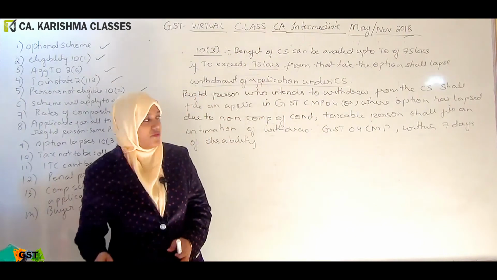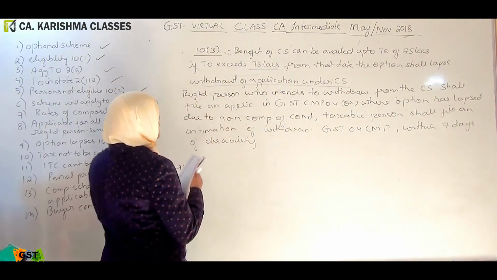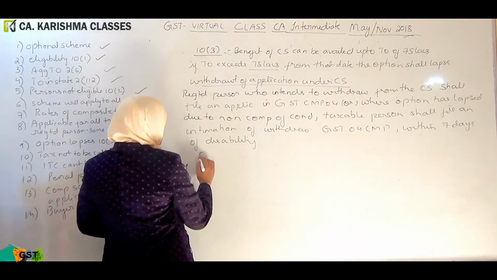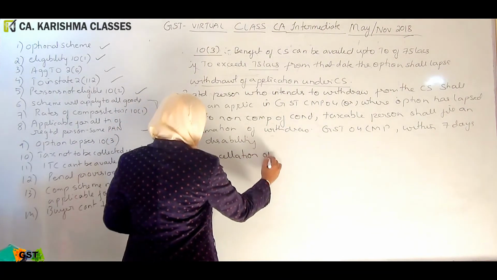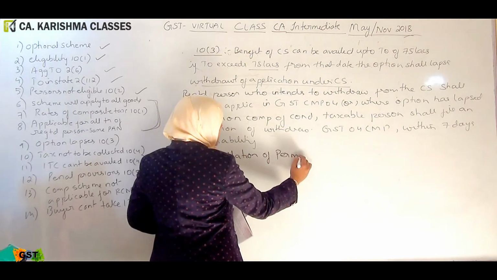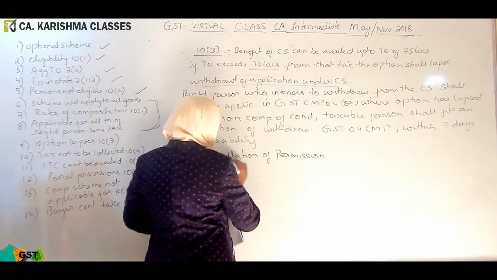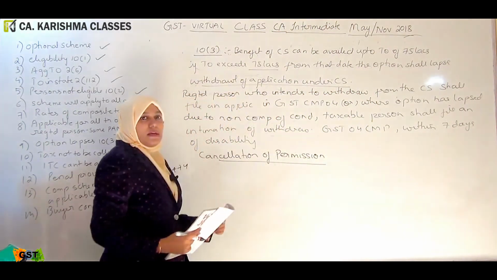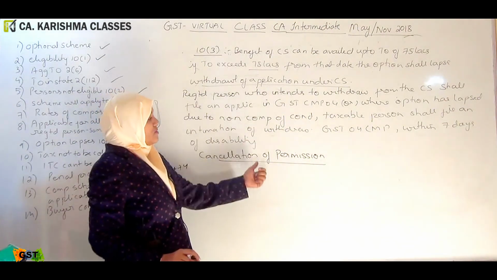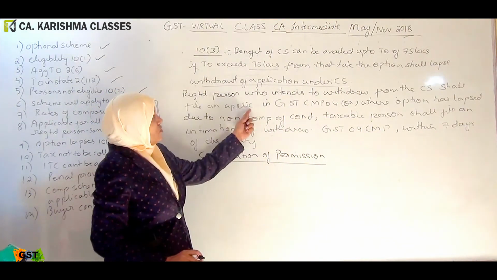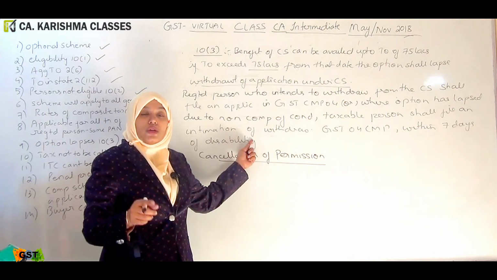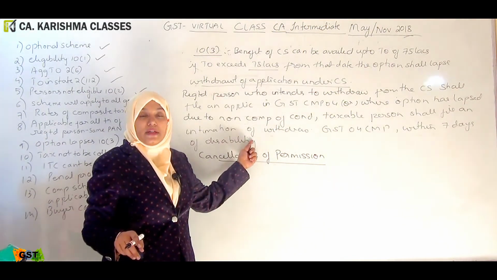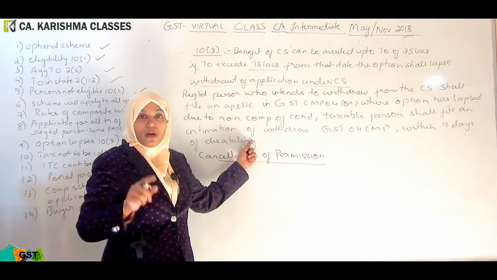Here we can further write, when we are discussing withdrawal of application, we can also further add cancellation of permission. How does the government cancel? Here cancellation of permission is for two reasons. You have withdrawn your application under the composition scheme, or you were pretending to be eligible but the government realized that you are not eligible.